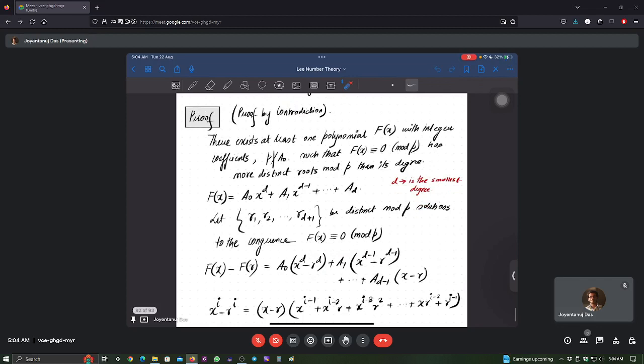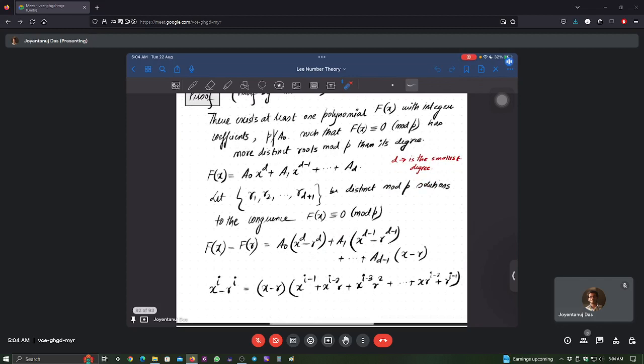Right. So now, if I evaluate the value of f(x) at r and subtract from f(x), then we have this condition, right? a0 (x^d minus r^d), a1 (x^(d-1) minus r^(d-1)), and so on up to a(d-1)(x minus r), because the last term will get cancelled out, because the last term is constant. ad will get cancelled out.